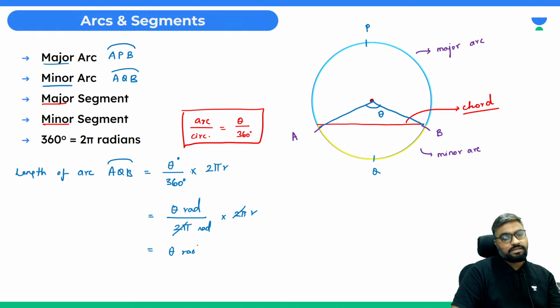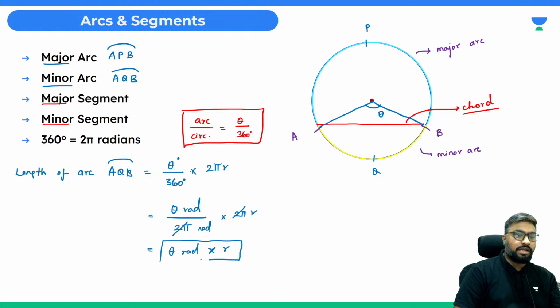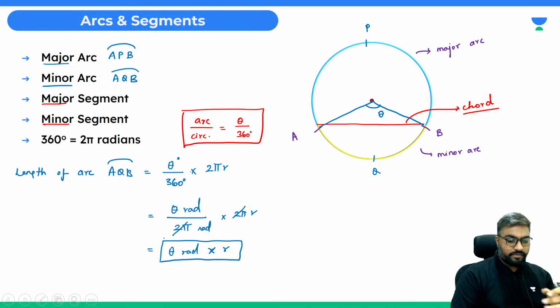Theta radians into r. ठीक है? थीटा ये वाला एंगल अगर डिग्री में दिया हो तो थीटा बाई 360, अगर रेडियंस में दिया हो तो थीटा बाई 2 पाई, तो 2 पाई कैंसिल हो जाएगा. Theta in terms of radians into the radius will give you the length of the arc. ठीक है?